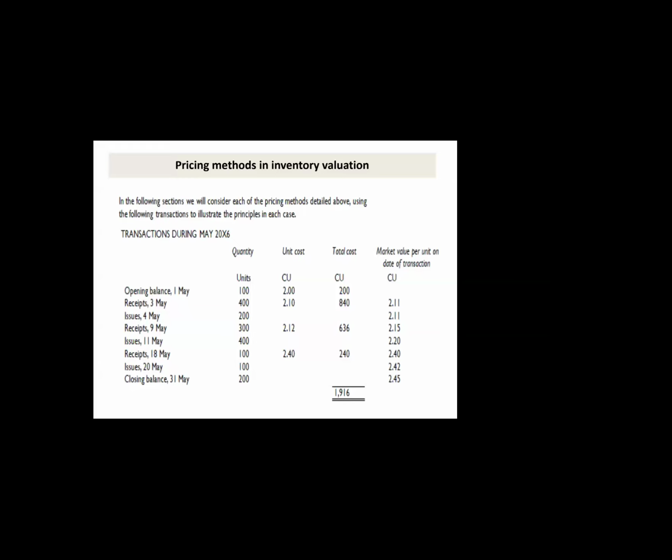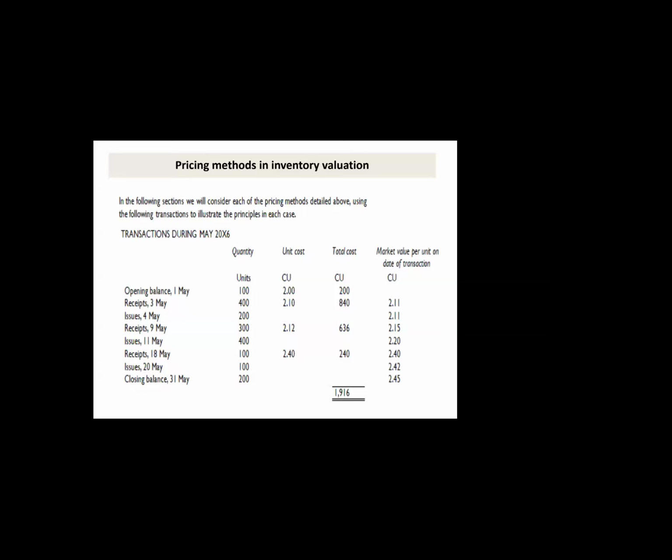So on 1 May we have 100 at the rate of 2, that is 200, and on 3 May we received 400 at the rate of 2.10, that is 840. So up to May 3, we have 500 units of inventory with a total cost of 1040 taka.